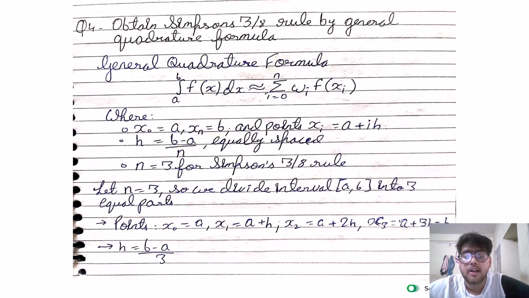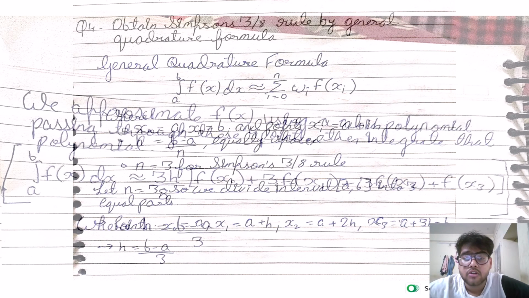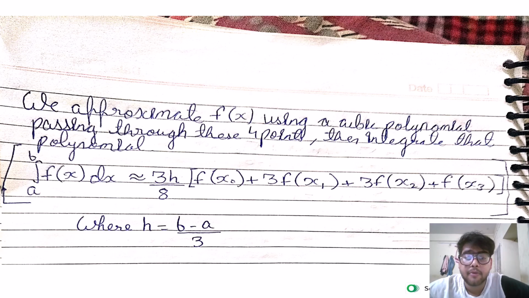which means there are 4 points. Let n is equal to 3, so the points will be x0 is equal to a, x1 is equal to a plus h, x2 is equal to a plus 2h, and x3 is equal to a plus 3h. And in this we know the value of h is equal to (b minus a) upon 3. So after we approximate f of x using a cubic polynomial passing through these 4 points, we then integrate that polynomial.